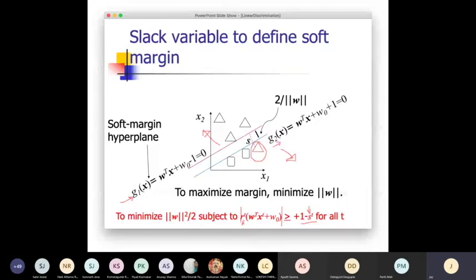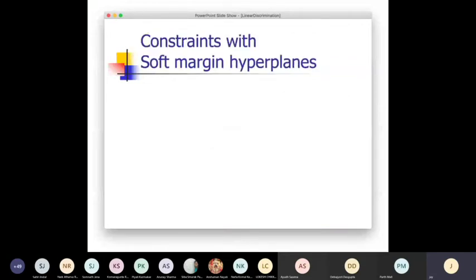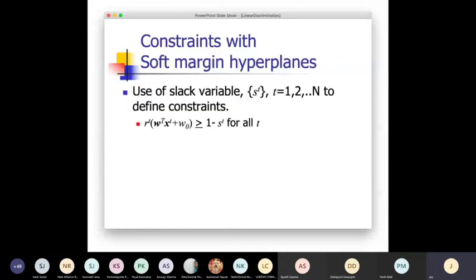and that reduction is captured by the value of the slack variable, which is always a positive value, and you are trying to minimize the slack variable also. So let us see how this objective function is redefined with these new constraints. As I mentioned, there would be a slack variable for every sample.